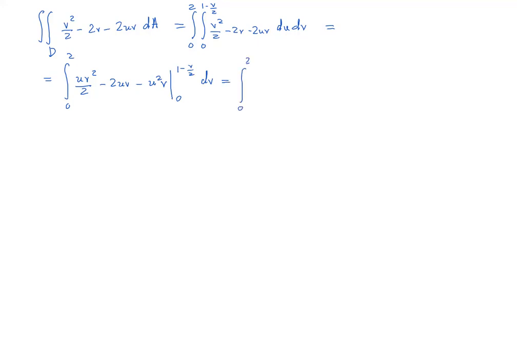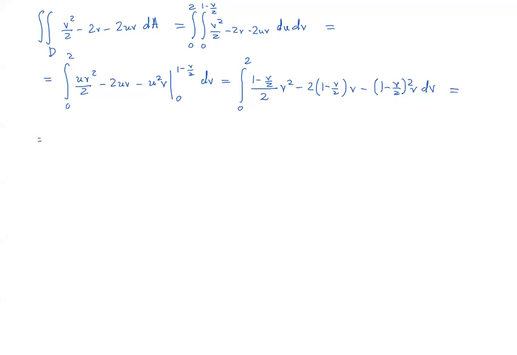So we will have (1 minus v over 2) over 2 times v squared minus 2 times (1 minus v over 2) times v minus (1 minus v over 2) squared times v dv.